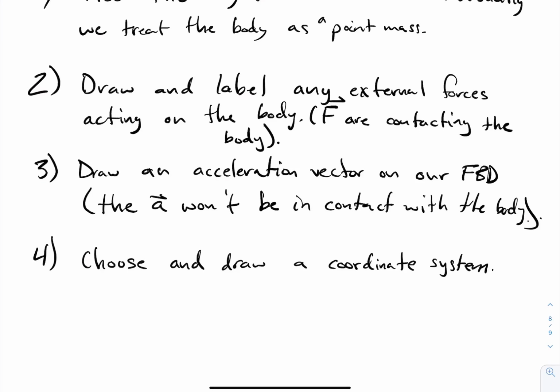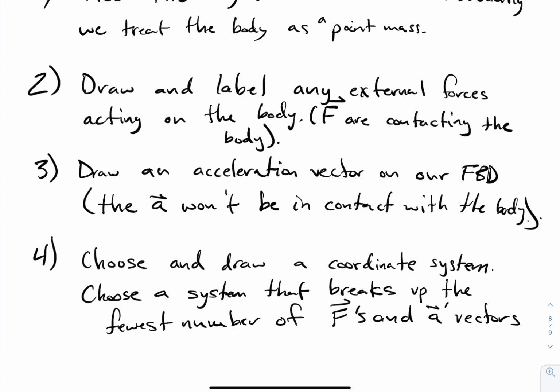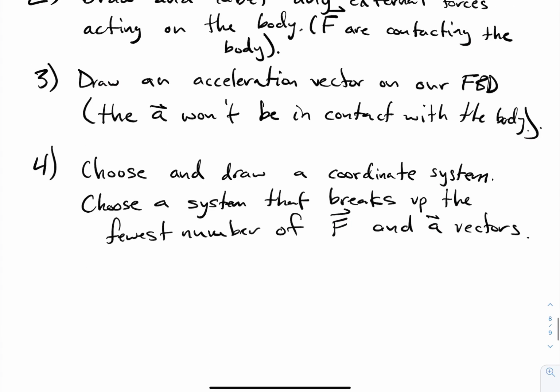When you're drawing your coordinate system, you want to choose a system that breaks up the fewest number of vectors of forces and acceleration vectors. So all this will kind of come to light when we do an example.